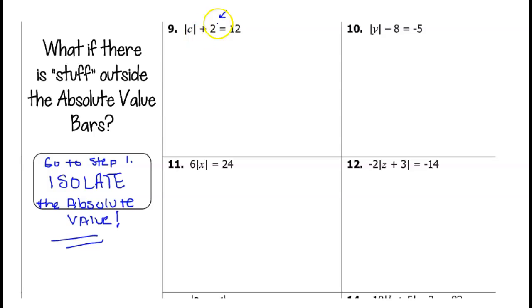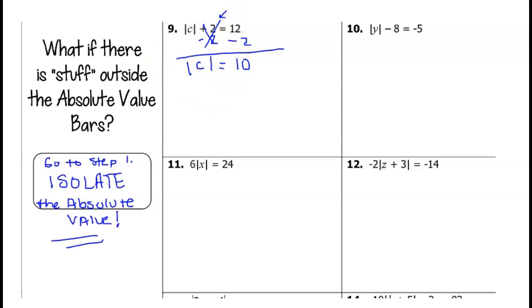Is this division or is this multiplication here? Ah, no. We're going to subtract 2. Yeah, we just subtract 2 from both sides of the equation. And now I can write this as the absolute value of C. The 2's go away. It equals 10. 12 minus 2 is 10.